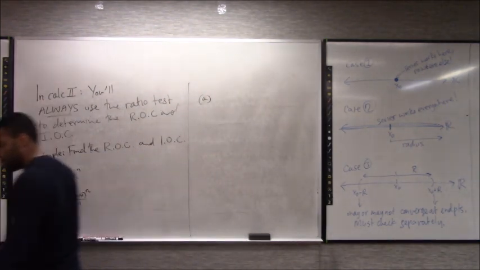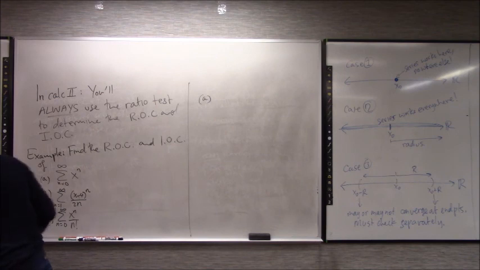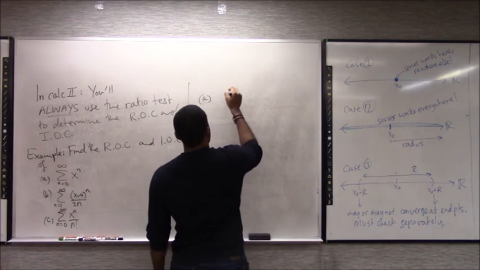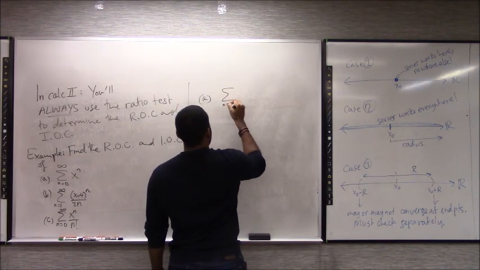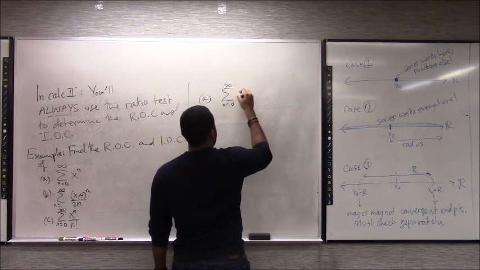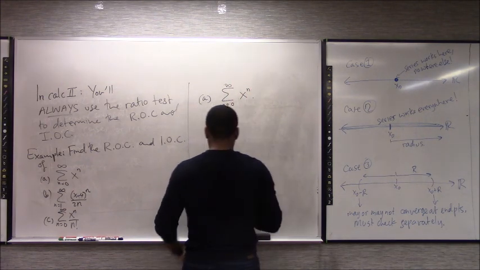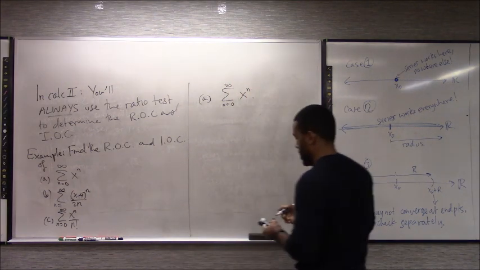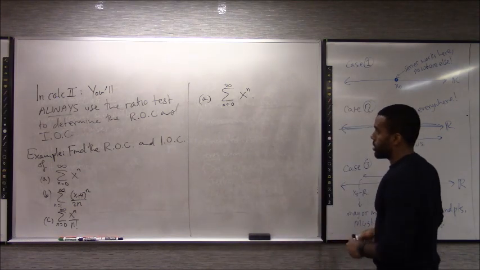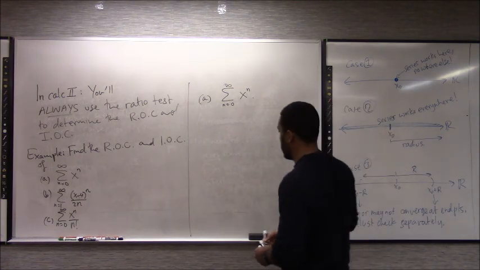So let's look at the first one: the sum from n equals 0 to infinity of x to the n. If I want to find the interval of convergence or the radius of convergence, what should I do?